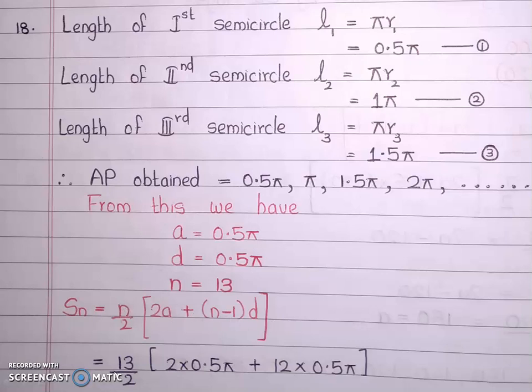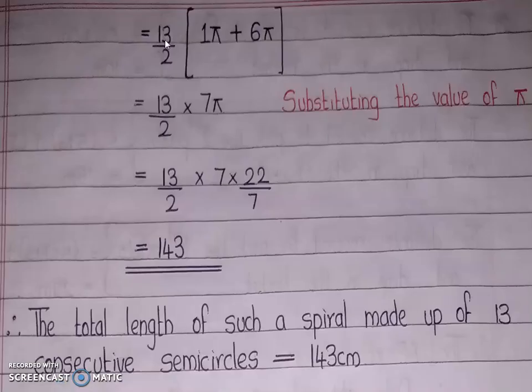N is 13, a is 0.5 pi. Don't forget to put this pi, plus n minus 1, 13 minus 1, 12. 12 into 0.5 pi. Adding this, you will get 7 pi. 13 by 2 into 7 pi. Here, at the end of this answer, you can put the value of pi.